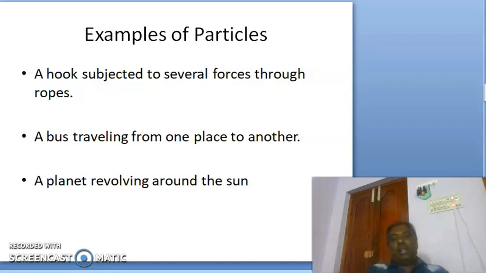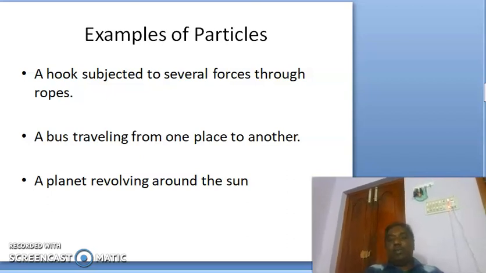A bus traveling from one place to another. Of course, a bus can also be considered as a rigid body in certain other types of problems. But when we say a bus is traveling from Vellore bus stand to Coimbatore bus stand, we just represent it as a point in the map.